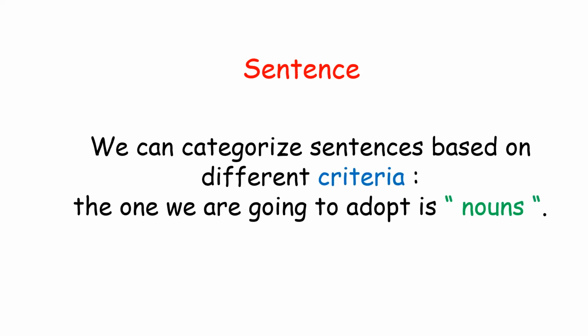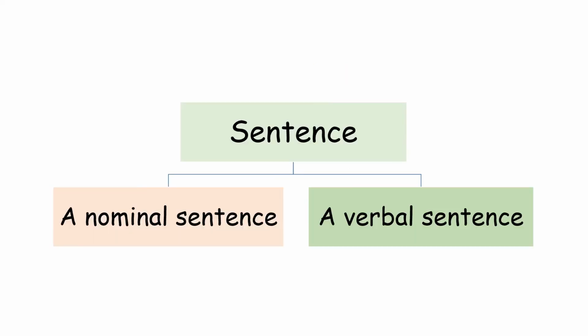Now, categorization-wise, we can categorize sentences based on different criteria, but the one we are going to adopt is nouns. In fact, Arabic sentences are most often categorized according to the placement of the noun within the sentence itself. This system yields only two major types of sentences: the nominal sentence and the verbal sentence.